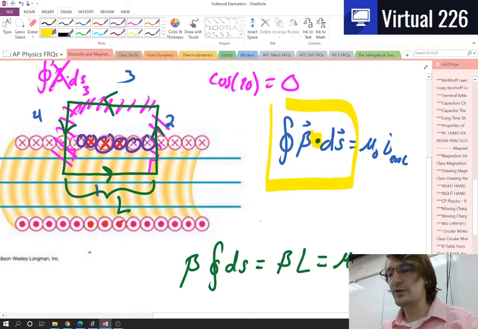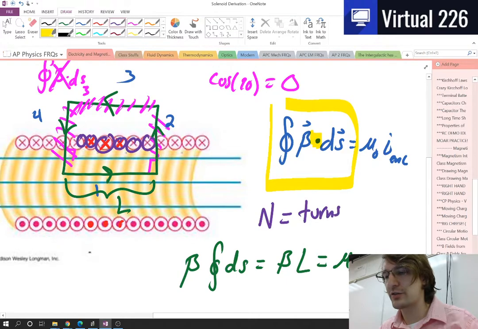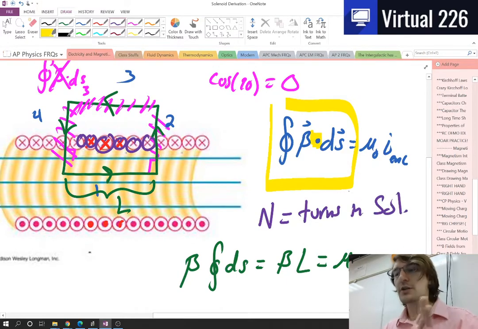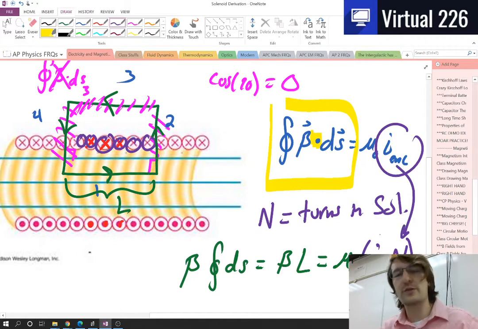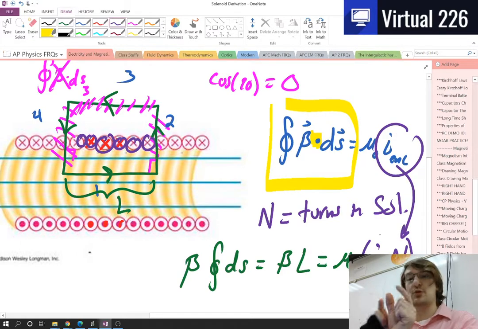And we use a capital N to represent the number of turns in the solenoid. So our current enclosed is going to be mu naught times I, the current running through the solenoid, times N, which is the number of loops we have. That is the current enclosed. So kind of a weird way of thinking about that, but your solenoid could be short or it could be long, and it could have a very few number of loops or it could have many.